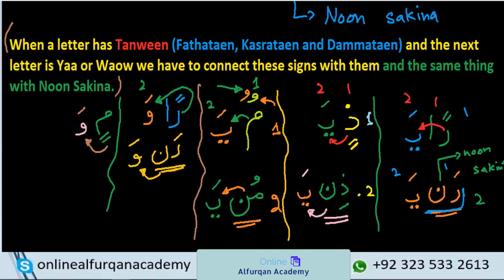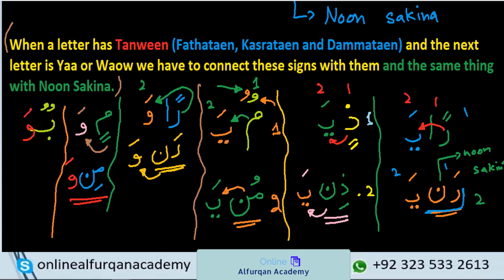And don't forget we have to stretch this sound for 2 seconds. And for example, this Min sound is written in this way. That is also Min, and if the next letter is Waw, this Min is going to merge with Waw. It becomes Mewa.